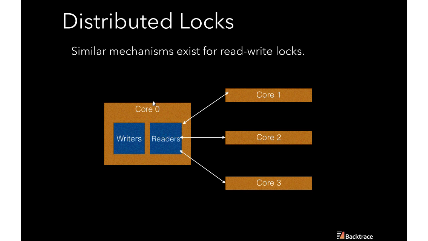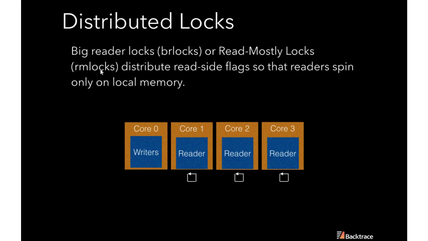So with a traditional read-write lock, and we saw this in one of our earlier examples, readers and writers may be spinning on the same cache line, or at the very least, readers will be spinning on the same cache line. And earlier we mentioned there is this cache coherency mechanism, and the cache line is a unit of contention. So even for a read-mostly workload, you'll end up with significant scalability bottlenecks.